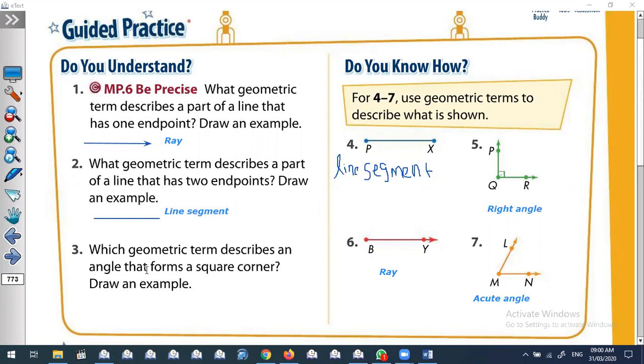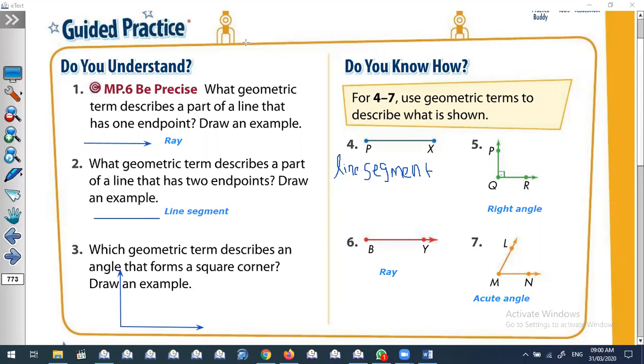The next one. Which geometric term describes an angle that forms a square corner? An angle that has a square corner will be like that. Draw the first ray and the second ray like that.